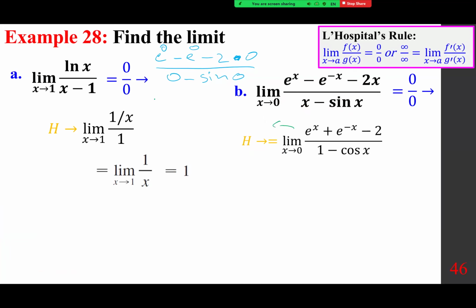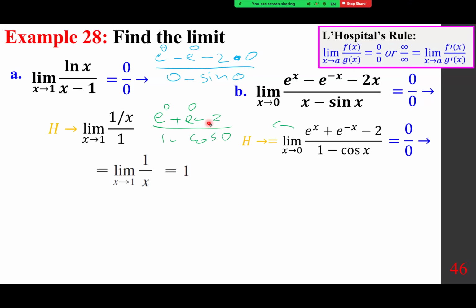If I plug in, I get e to the power of 0 plus e to the power of minus 0, minus 2, over 1 minus cosine 0. Cosine 0 is 1, so the denominator is 0. This is 1, this is 1, adds up to 2, minus 2 is 0. Again, 0 over 0. Again, I'm going to use L'Hopital's rule.